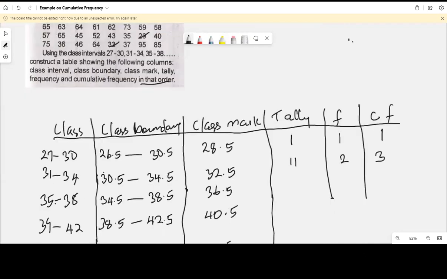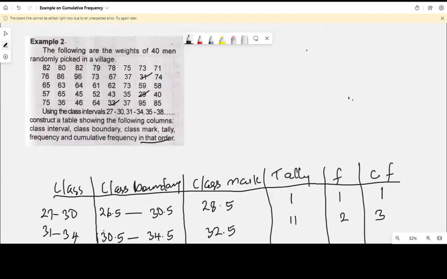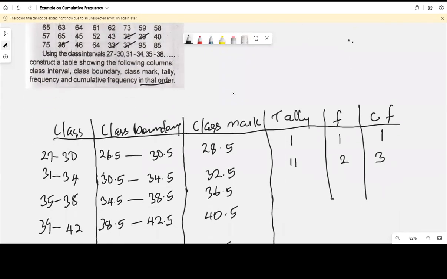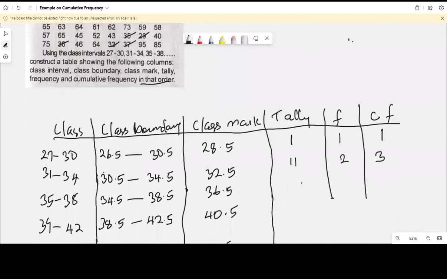And the next interval is 35 to 38. 1, 2, 3, and 4. Tally 1, 2, 3, 4. Frequency is 4. The cumulative, we add before to this 3, which is 7.